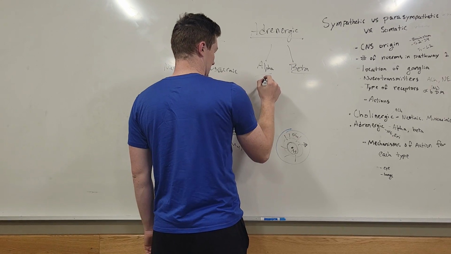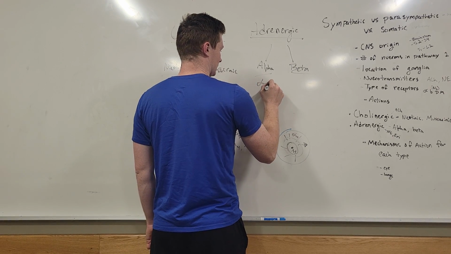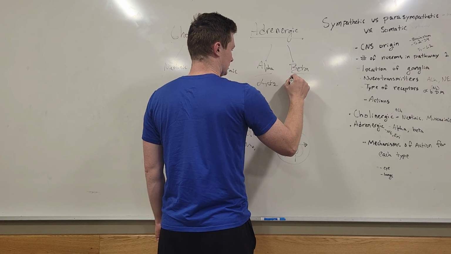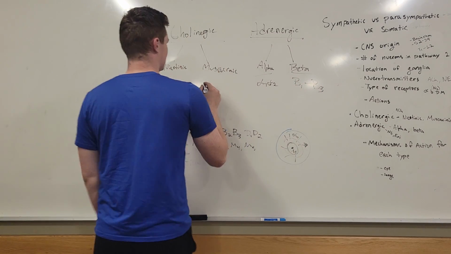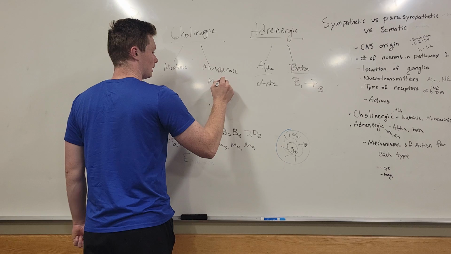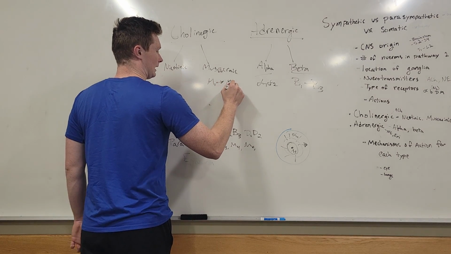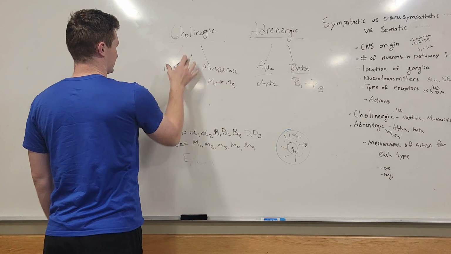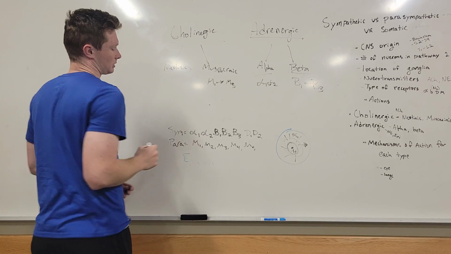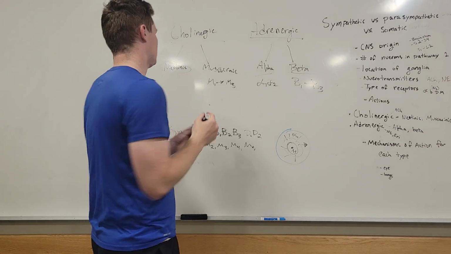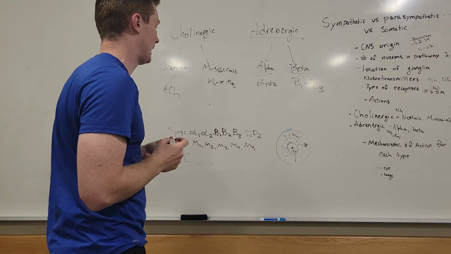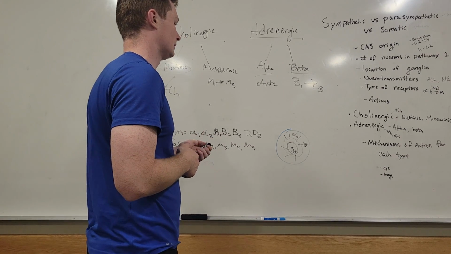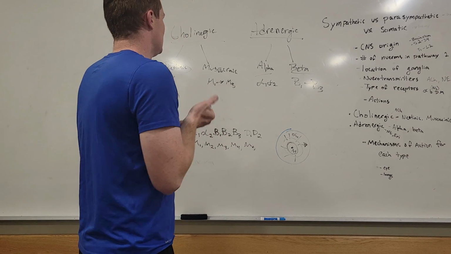So within those, we have these. So, right, we have alpha 1, alpha 2, beta 1 through beta 3. This is M1 through M5, and then this is just a receptor. Remember that receptor that was in the middle? It's usually ACH, and those are the different ones. We kind of talked about that already.